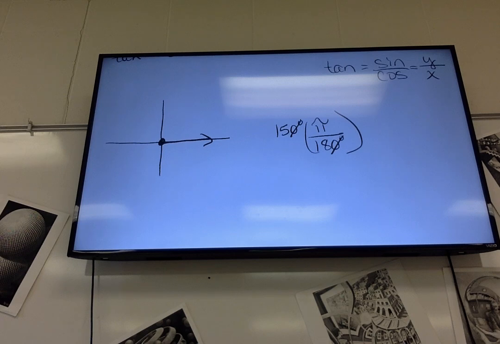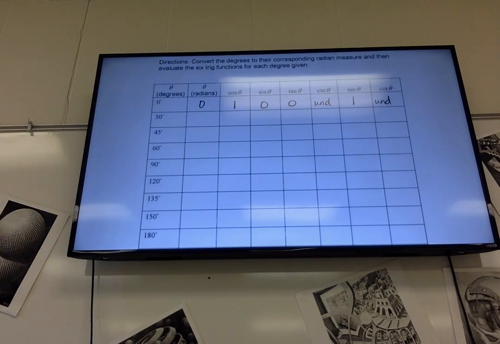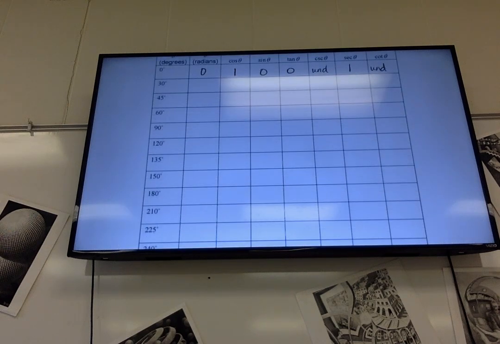What else can I divide 150 and 180 by? 30. Okay, I would say 3 because I already divided the 10s. But yeah, 5 and 6. So I have 5 pi over 6. 150, that's the same thing as 5 pi over 6.